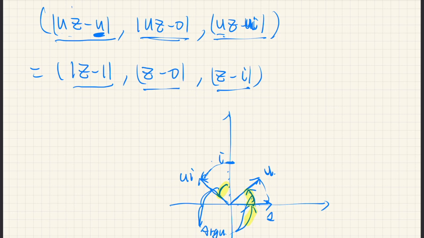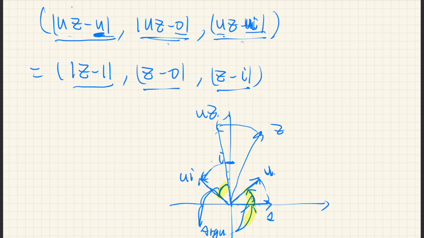Now, if z is somewhere here, then z is also, by multiplication by u, rotated to somewhere. So by what angle is it rotated? That's the question. As we have seen, if the distances from 3 points are given, then the point satisfying those distances is unique.